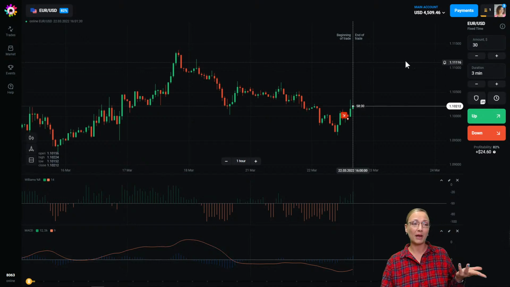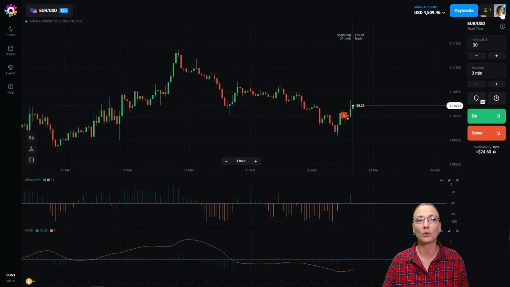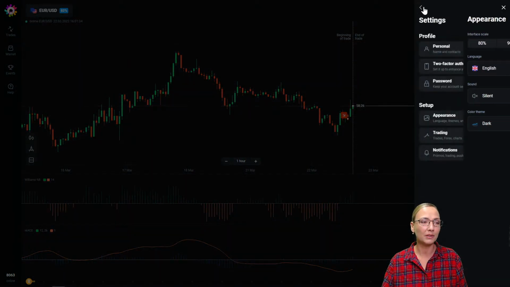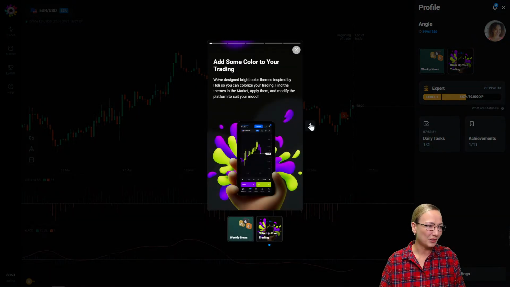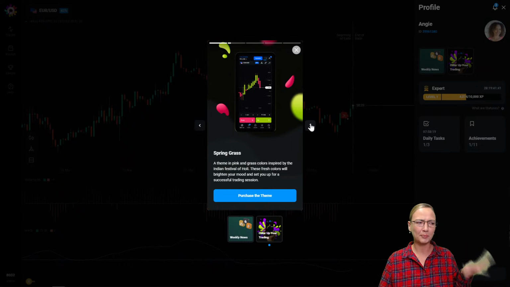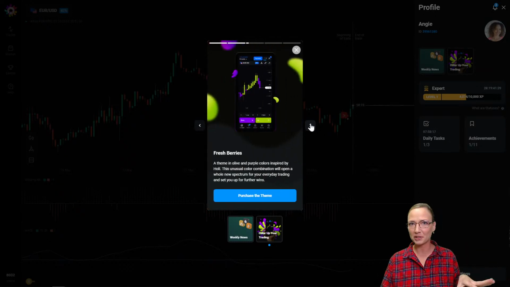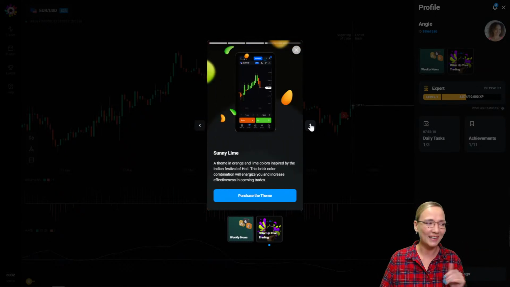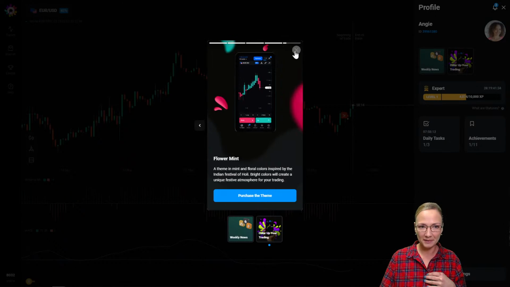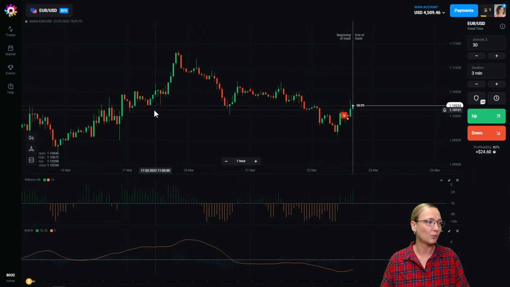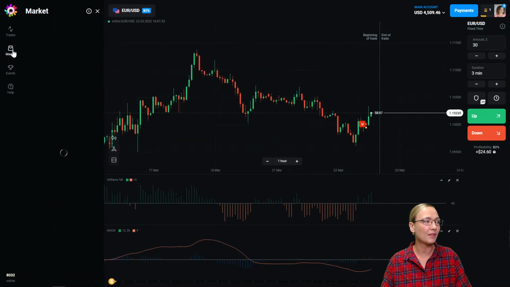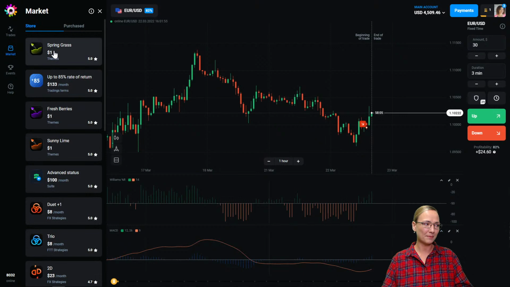If you click on your profile right here, you can check out the stories right here. And you can see the different ones that we've added. There's the spring grass, there's fresh berries, sunny lime, and also flower mint. And after you check them out, and if you do want to get these themes, you can find them in the marketplace, my friends. They're just $1 each.